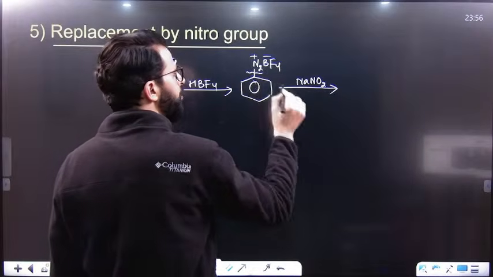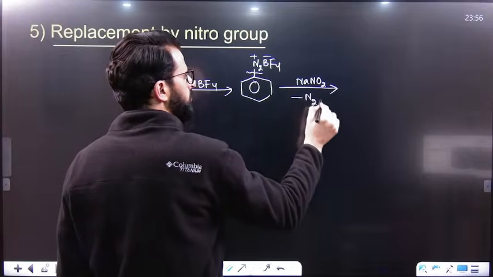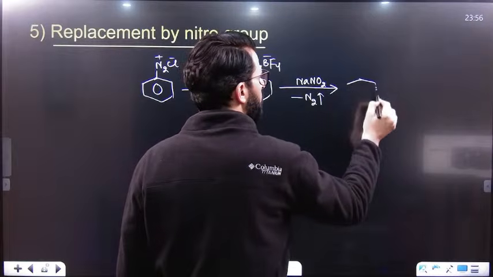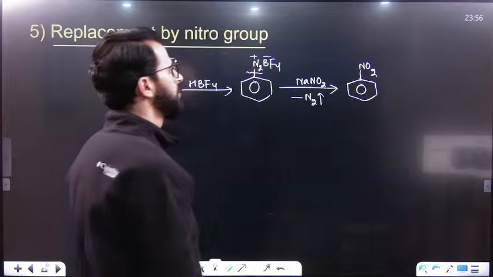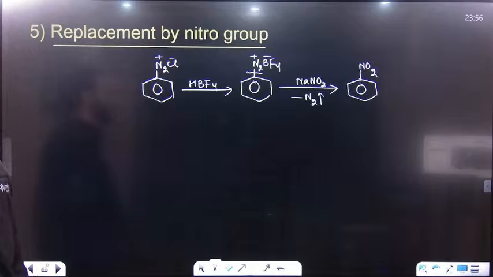Here this N2 will be lost, and instead of N2, NO2 will be there. So remember the reagents, which reagent will replace N2 by which group. I hope this is clear.